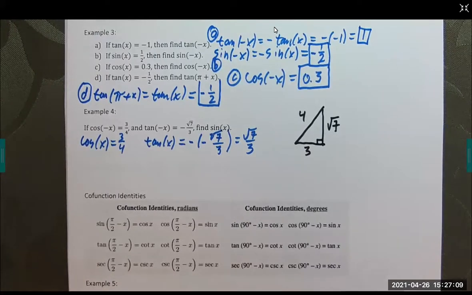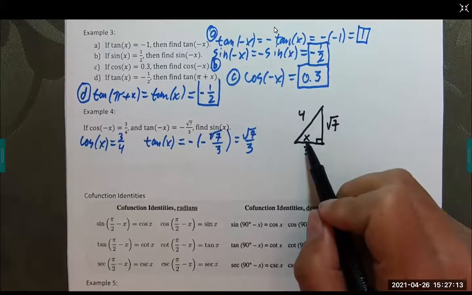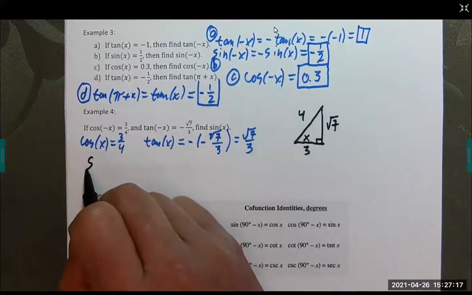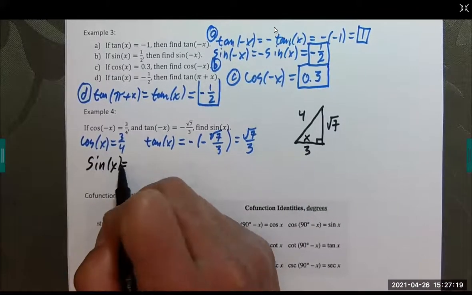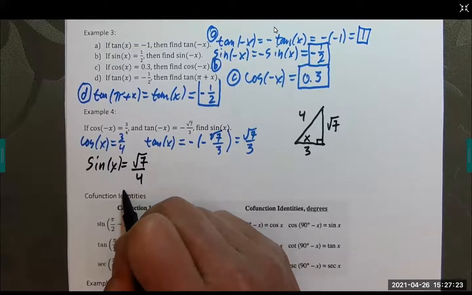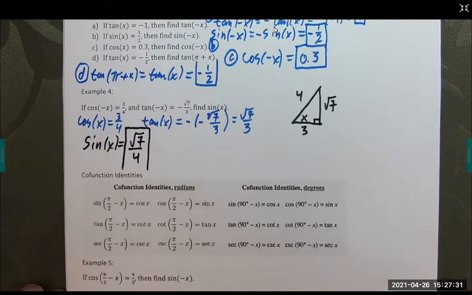So finding the sine, this is our x, the sine here is going to be the opposite over the hypotenuse. So sine x is going to be root 7 over 4. Not too difficult, I'm hoping.